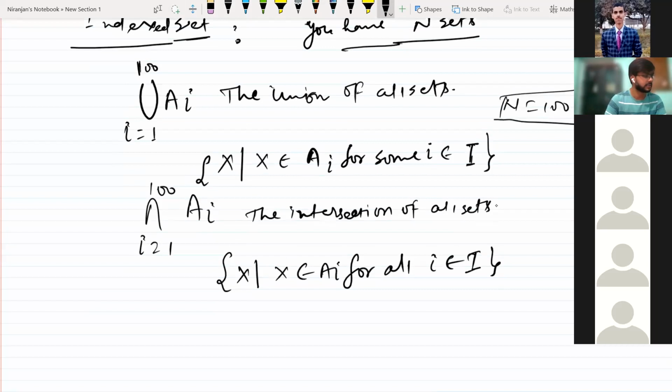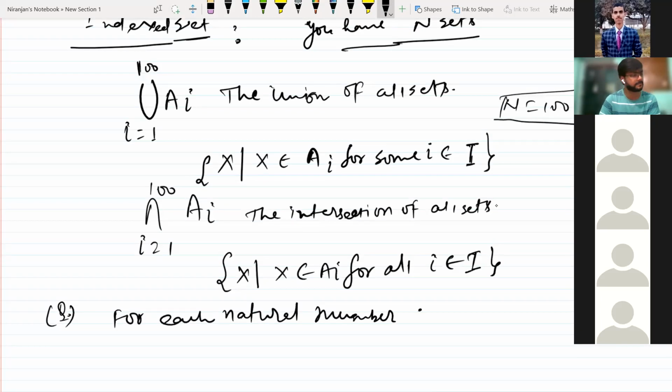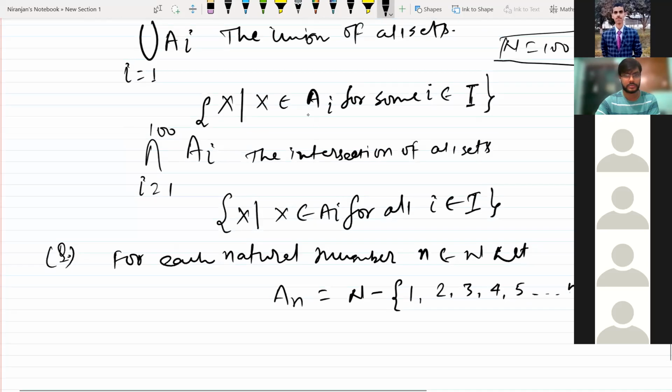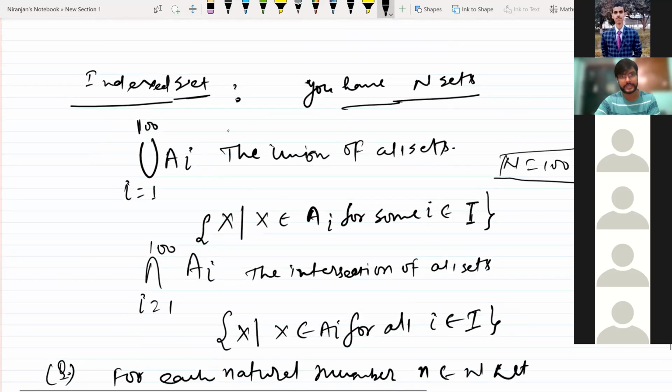Let's do a question and see what you guys think about this. For each natural number n belongs to N, let A_n equal to N minus {1, 2, 3, 4, 5, ..., n}. Have you guys noted this part? Yes, sir, index set noted.